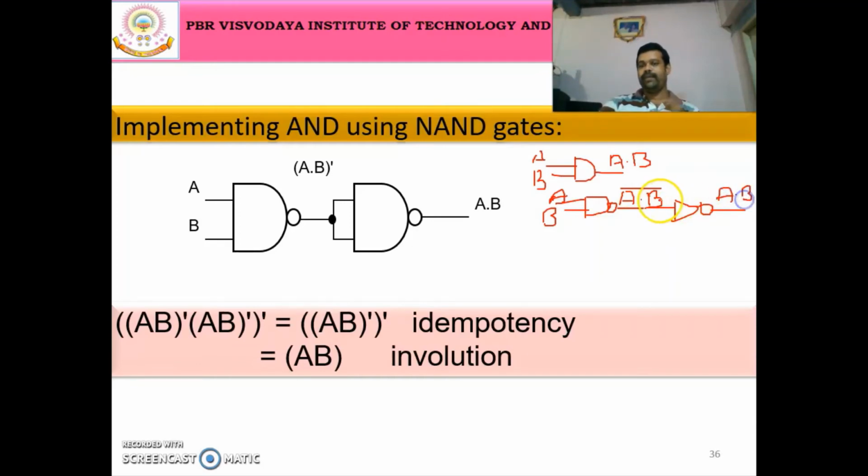So already we have studied, we can implement NOT gate by using NAND gate. So we can draw like this. This is inverter using NAND gate.